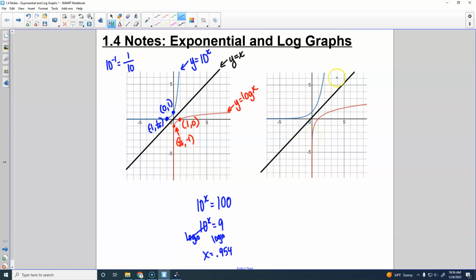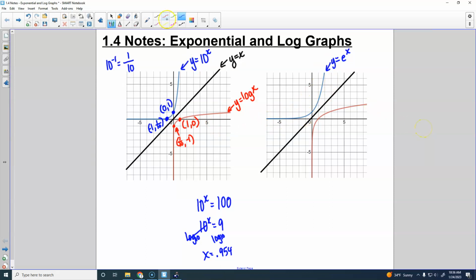I'm not going to talk about it much. This is the graph of y equals e to the x. Notice it has a lot of those same properties. It looks very similar. It's just not quite as steep as y equals 10 to the x. That is because e is 2.71828, which is smaller than 10. So it's going to behave in the same manner. It's just not going to be quite as steep.